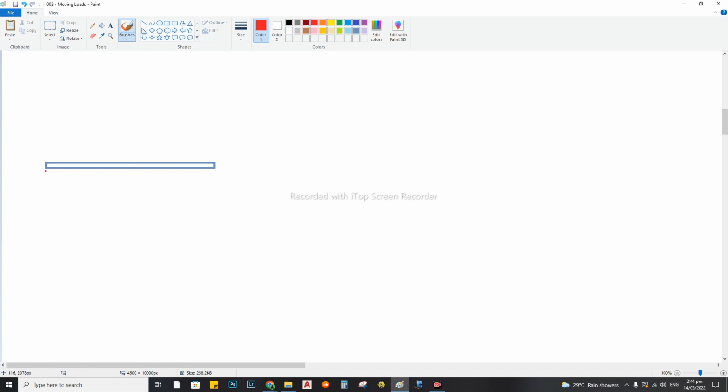And then we have reaction 1 and then reaction 2 on the right. So let's say this is our center line. And let's say this is our load B, which is equal to 1,200 pounds.